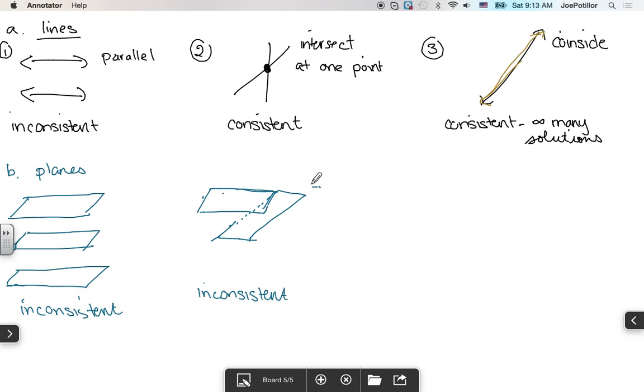These are skew planes. And of course, lastly, you can have them intersect. You can have them intersect at 1 point, 2 points, or 3 points.